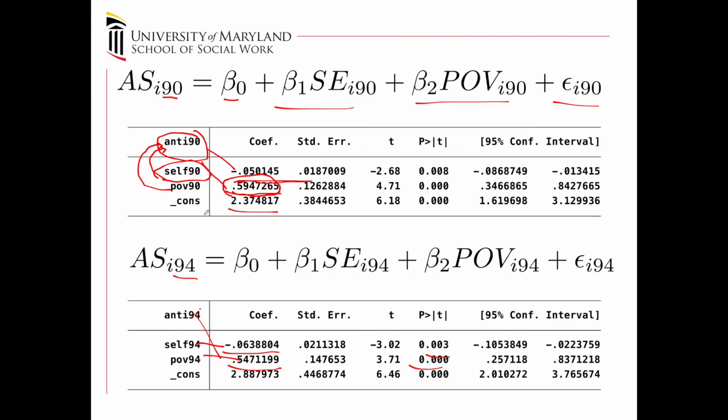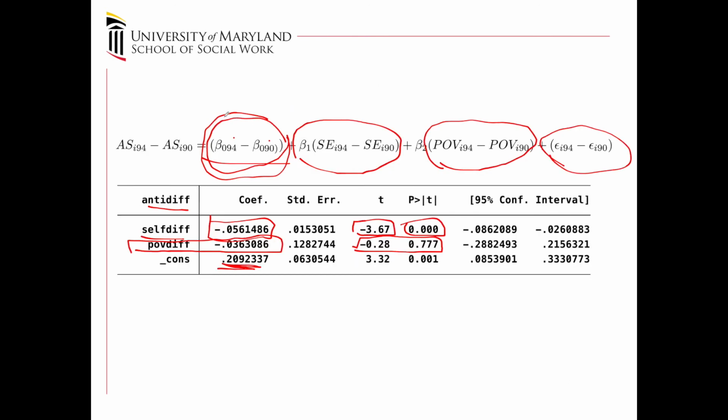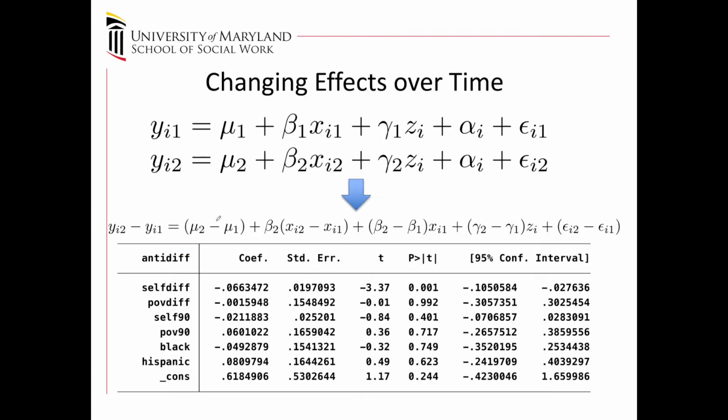The way that we just learned how to do by getting the difference between the time 1 and time 2 variables potentially has the ability to allow us to do it because we don't have that same problem. We've gotten rid of the alphas. We've canceled that out.